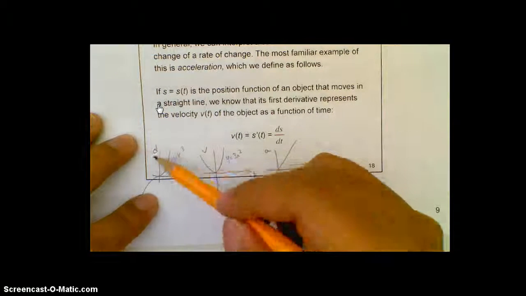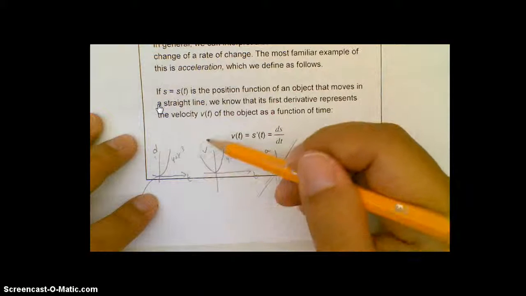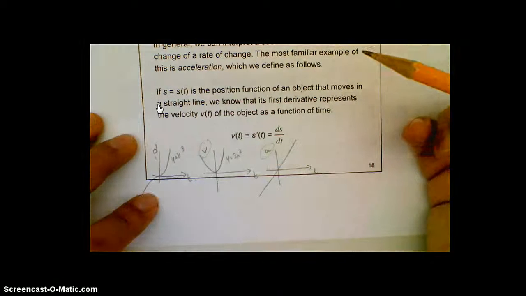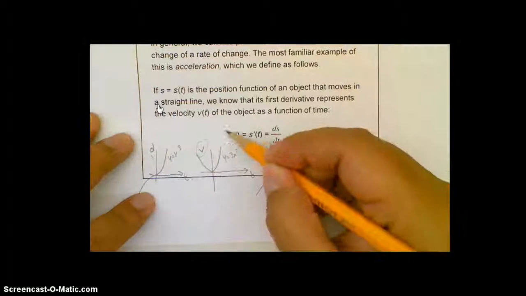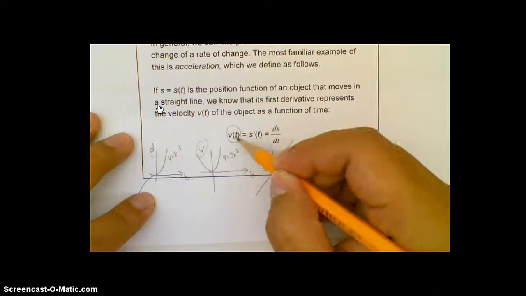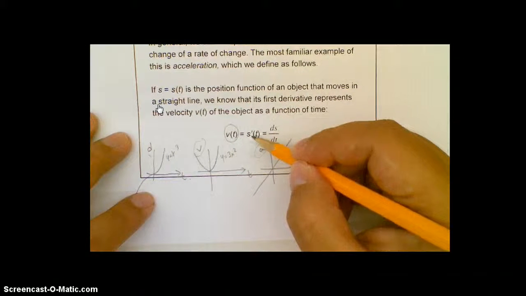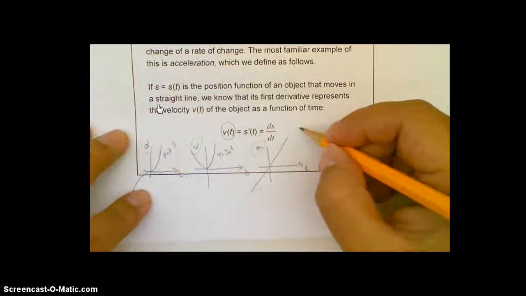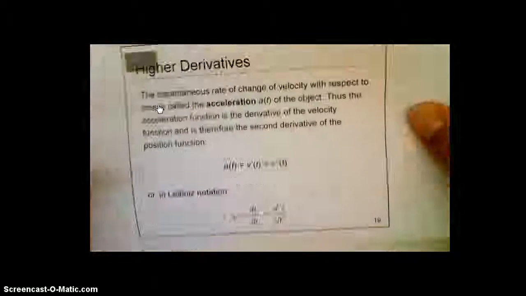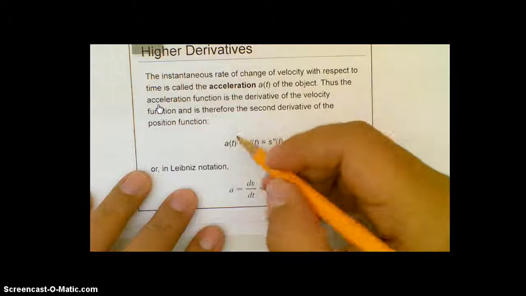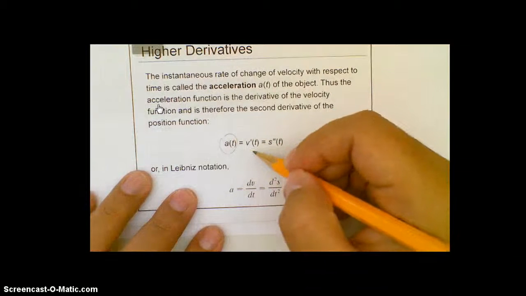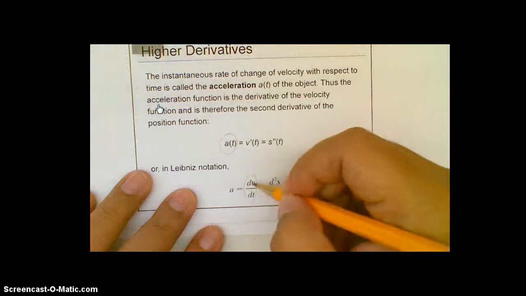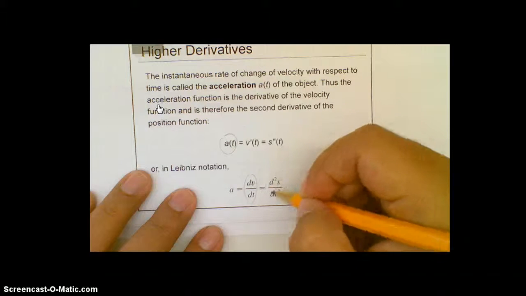So the derivative of distance with respect to time is velocity. When I take the derivative again, I get acceleration. So here it says velocity with respect to time is the first derivative of distance with respect to time. And then acceleration is the first derivative of velocity or the second derivative of distance.